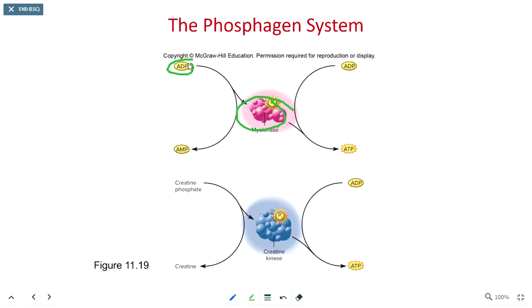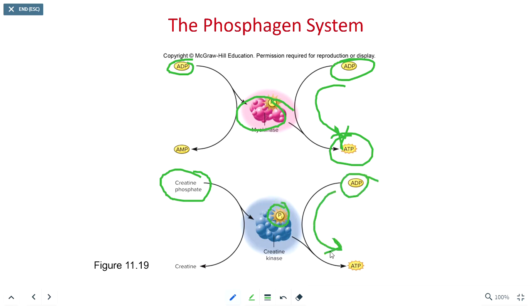Myokinase takes one phosphate from one ADP and adds it to another ADP, making the second ADP into an ATP. And then we can have the creatine kinase. Creatine kinase is going to take an inorganic phosphate from creatine phosphate and transfer that inorganic phosphate to an ADP, forming ATP as a result.